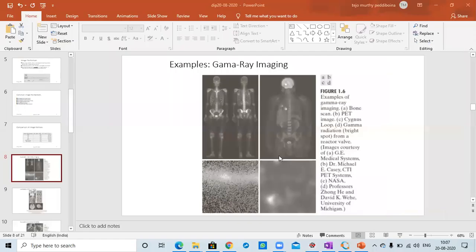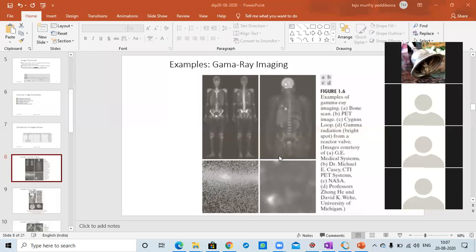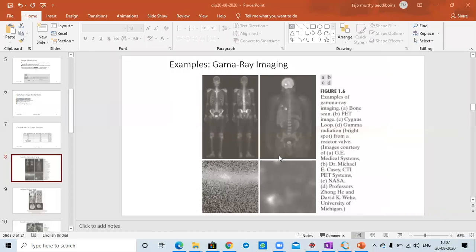Now let us see another type of imaging, that is gamma ray imaging. Gamma rays are very useful in nuclear medicine and astronomical observations. In gamma ray imaging, we inject a patient with radioactive isotopes that emit gamma rays.